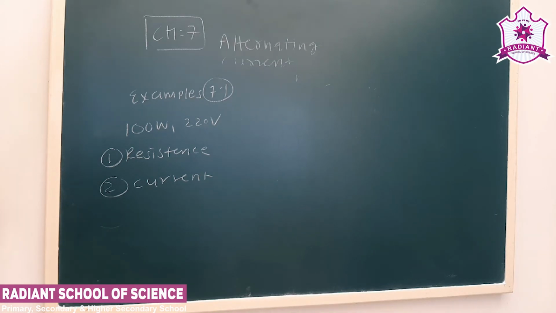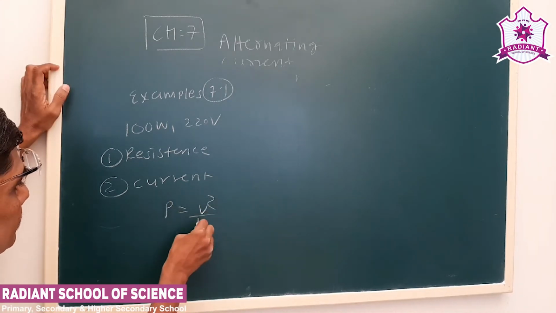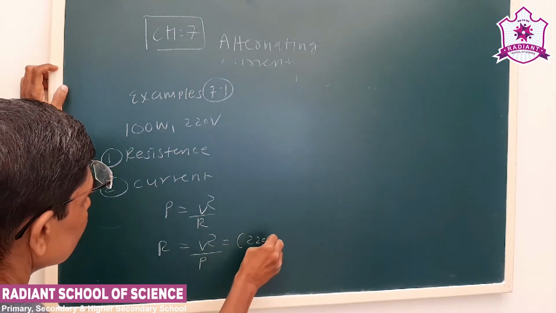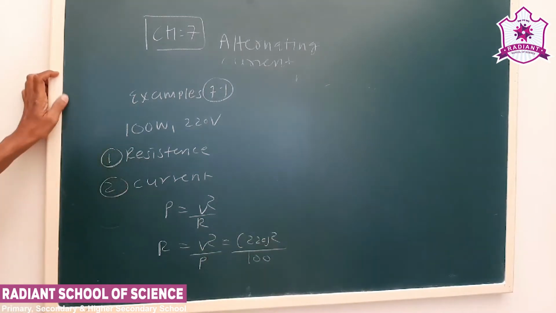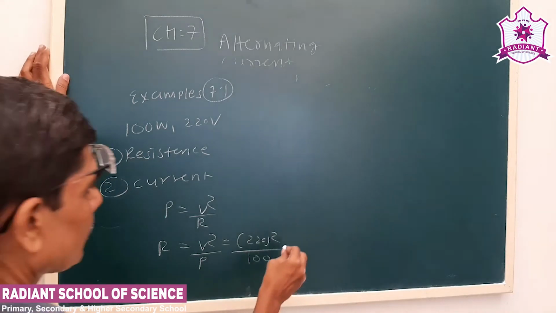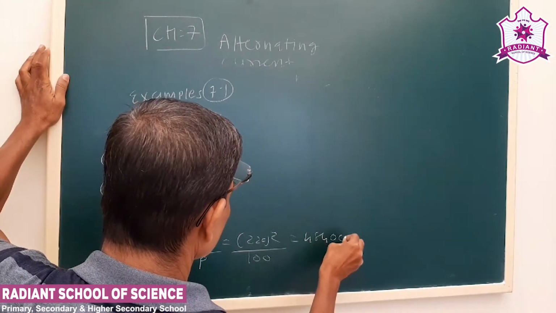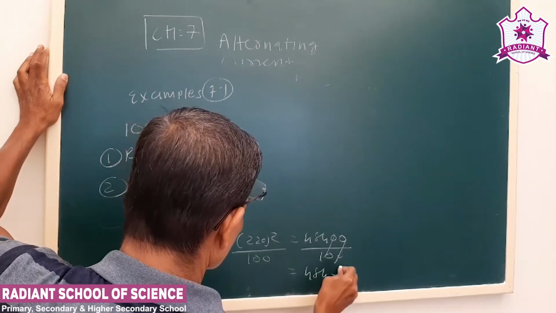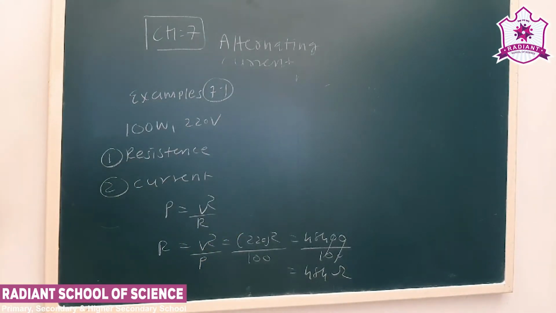We have to find out the resistance. Now see our formula: P is equal to V square by R, so R is equal to V square by P. So the resistance is 484 ohm.